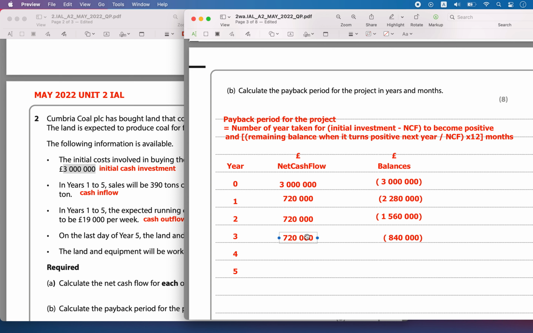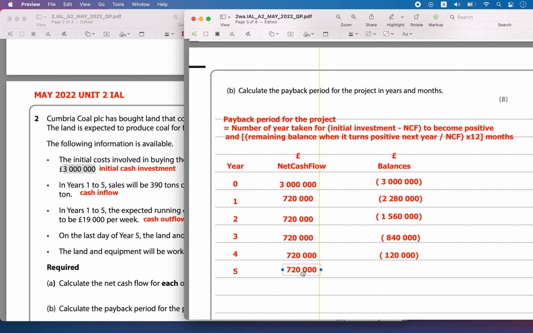Then in the fourth year, 720,000 is the net cash flow. So from 840,000, you pay 720,000, and you will be left with 120,000. To recover the initial investment, we will see how many years it took.